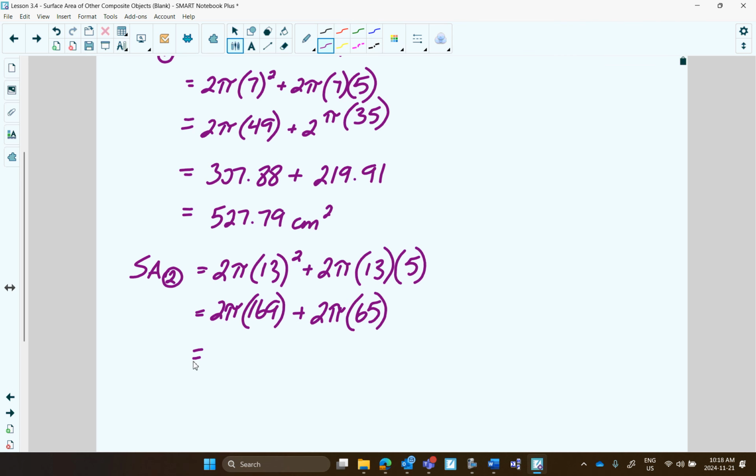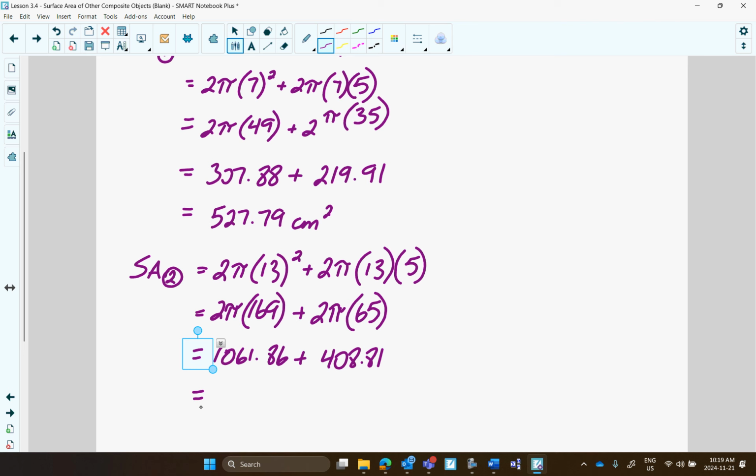2 times pi times 169 gives me 1061.86 if I round to 2 decimal places. And 2 times pi times 65 gives me 408.41 if I round. I got 408.4. Did you use 3.14? No, I used the pi key.